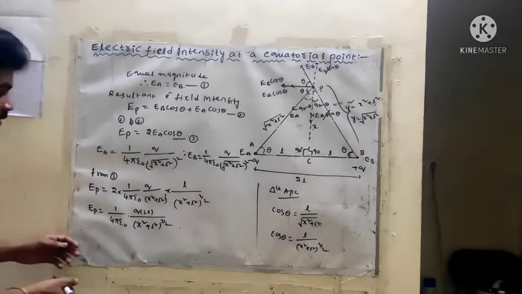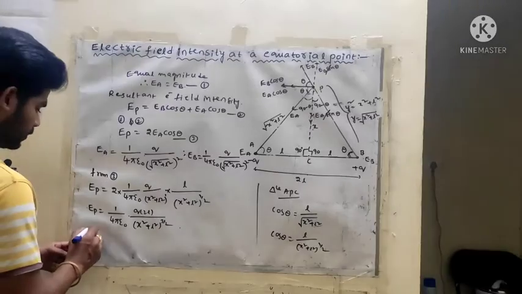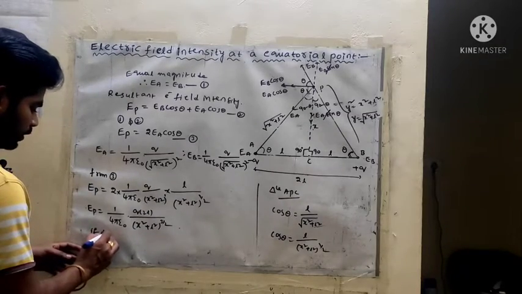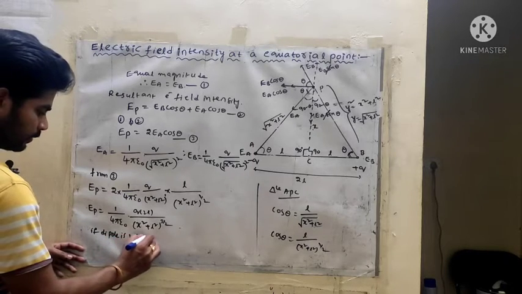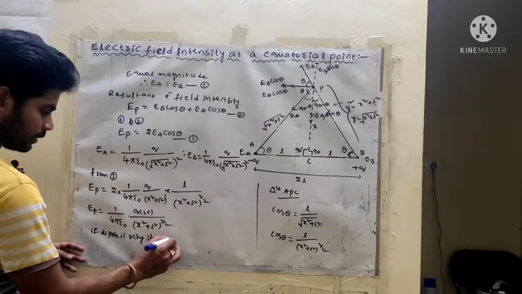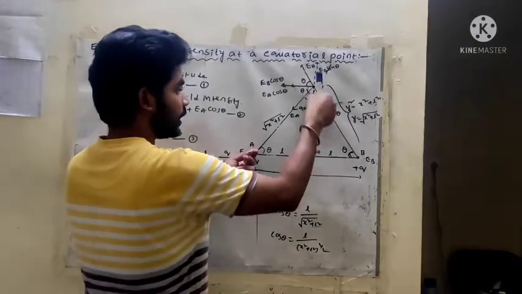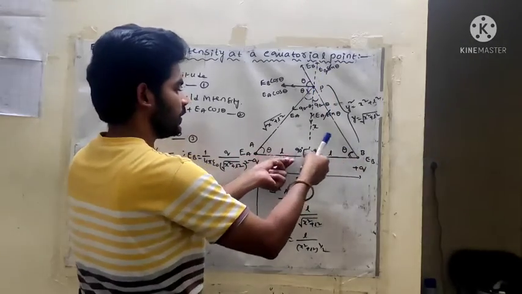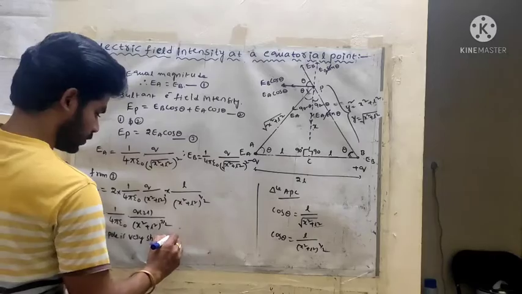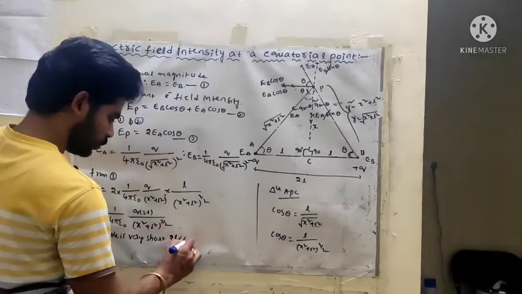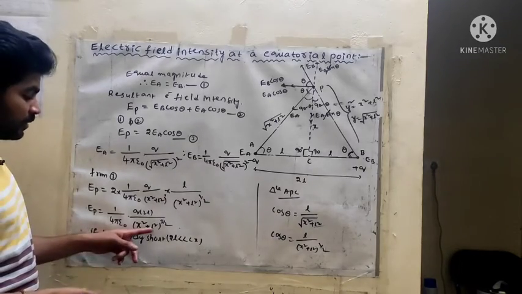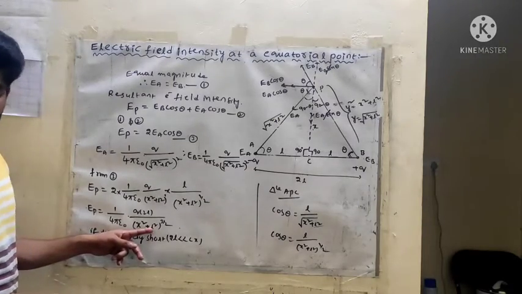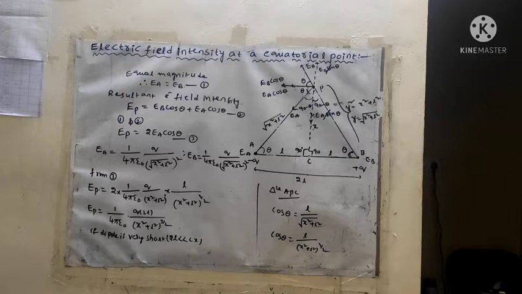Okay, suppose the dipole is very very short. In that situation we can discuss now. If the dipole is very short, it means compared to this x distance, this is a very very small distance. So the condition is 2L less than x, and in that time we can eliminate it.